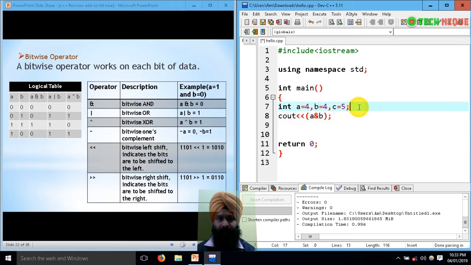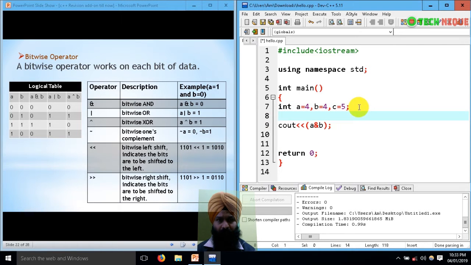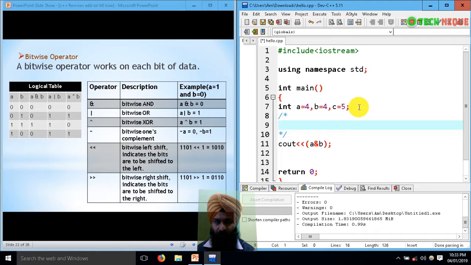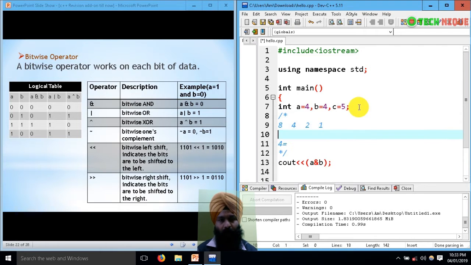So now let's make some binaries for this. The binary for 4, using the notation 8 4 2 1: 4 is 1, and the rest are 0.